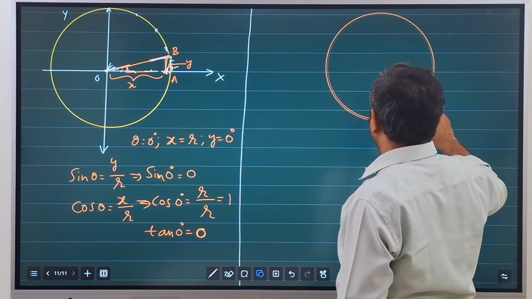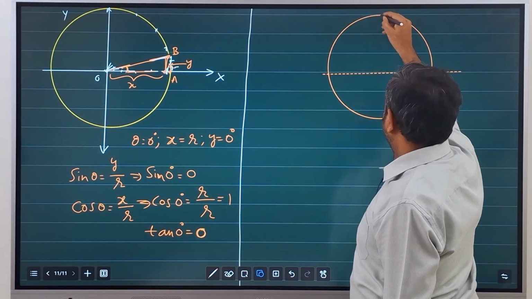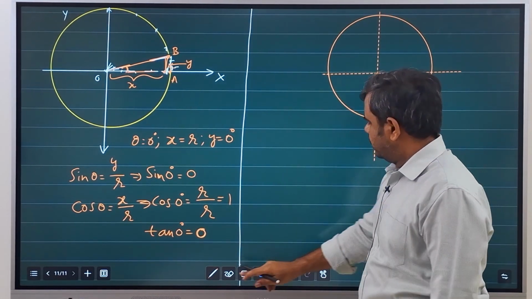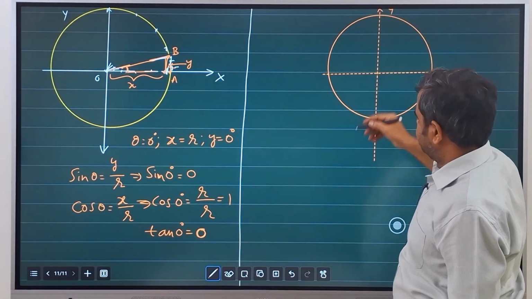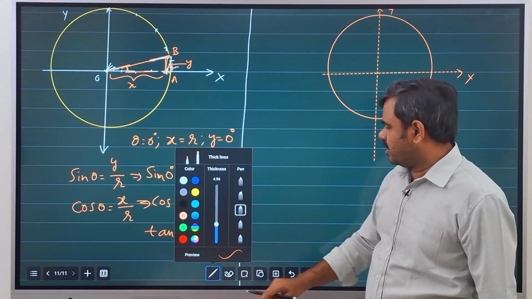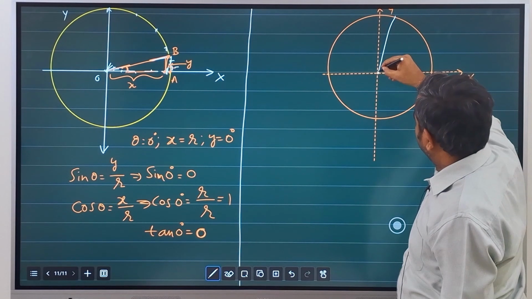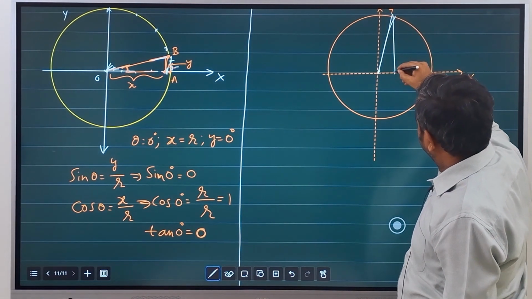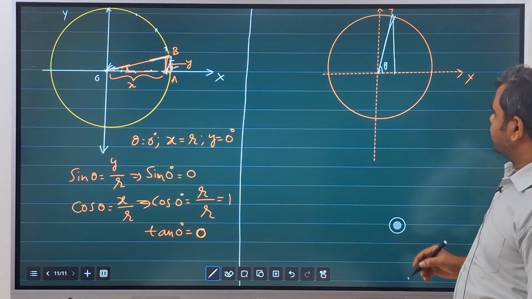draw one more circle here. Alright, look at these two axes, x-axis, y-axis. Now draw a right angled triangle. When you draw a right angled triangle, theta is high, theta is close to 90 degrees.